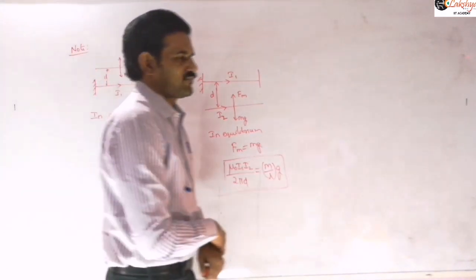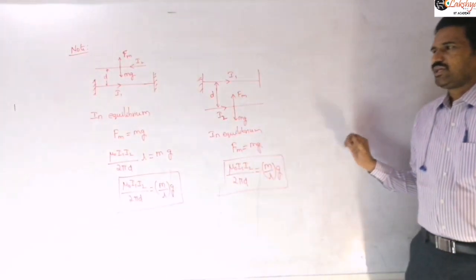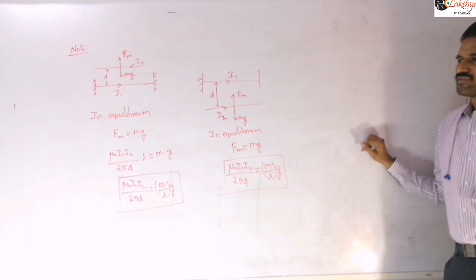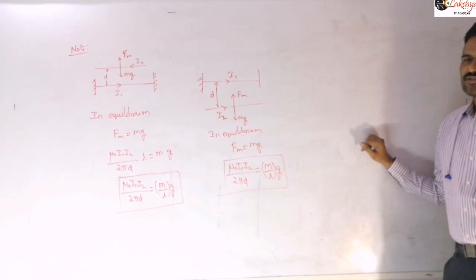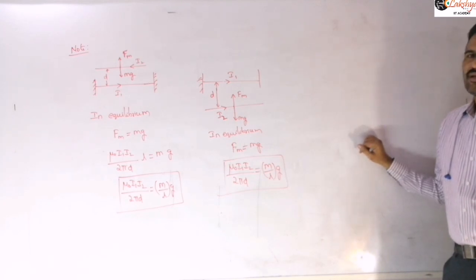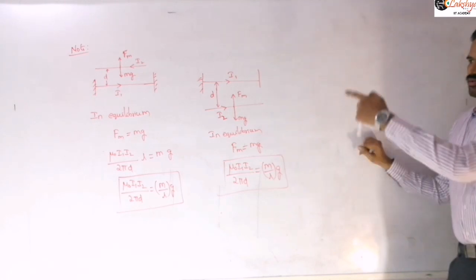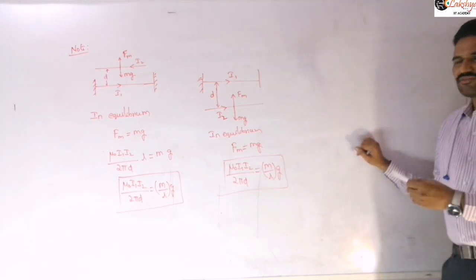In the above case, if the suspending wire is placed below the fixed wire, then current in both the conductors must be in the same direction. And so note the equations for this also, the same equations.